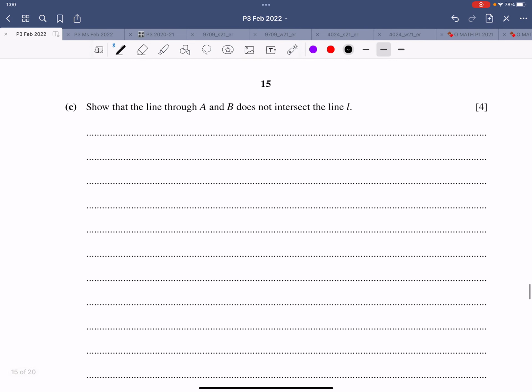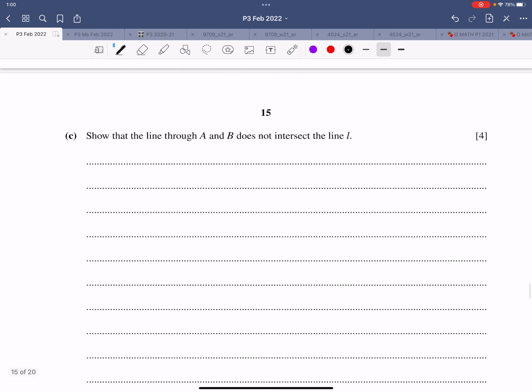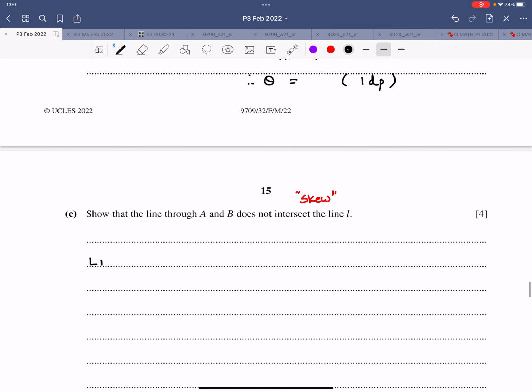Now what does it say? It says show that the line through A and B does not intersect the line L. It means skew lines. So the working for skew and intersection is the same. Let me write the equation of the line through A and B. Line AB is r equals something plus lambda something.